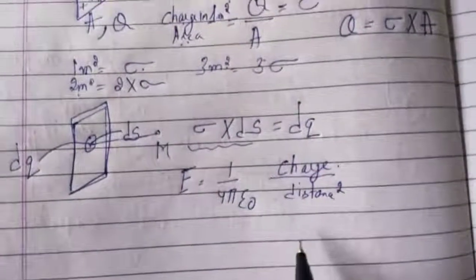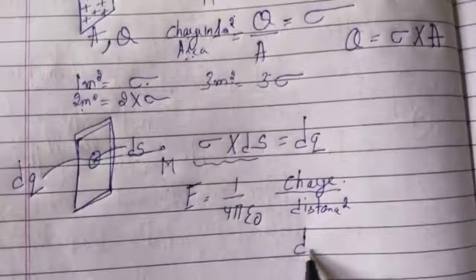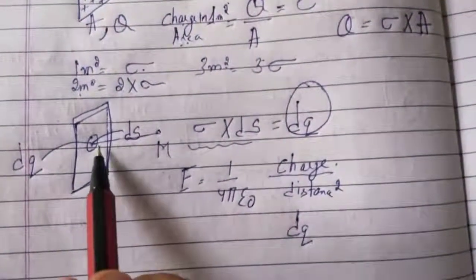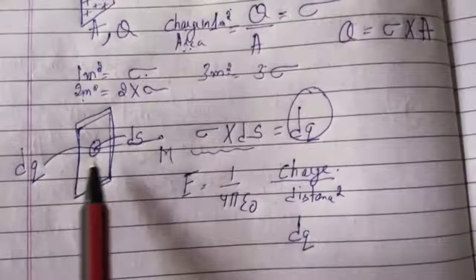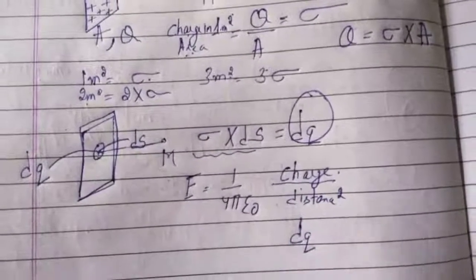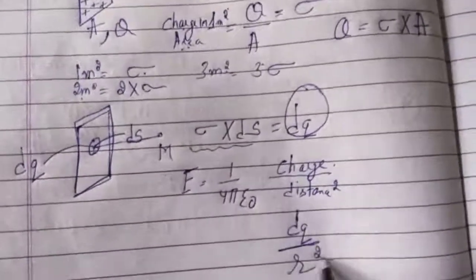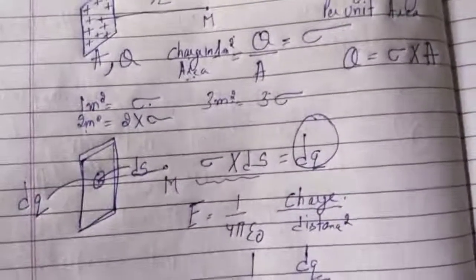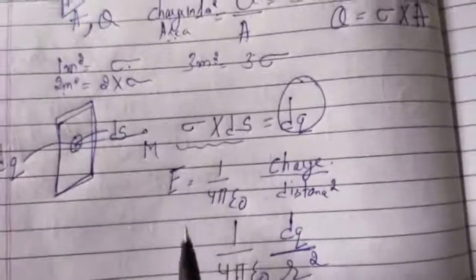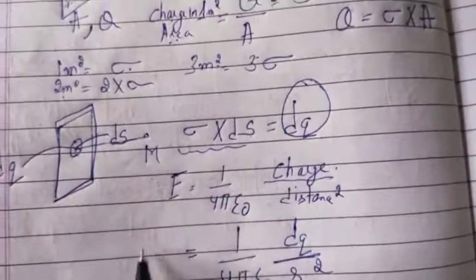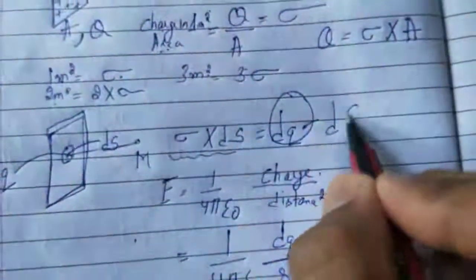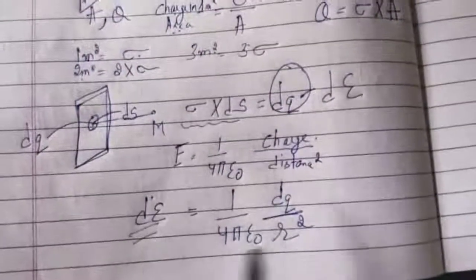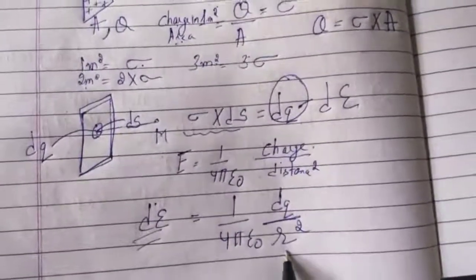So if you take a small charge dq held by this small surface, at distance r, you get 1 upon 4 pi epsilon naught dq upon r square. Are you going to get E? No, you are going to get a small electric field dE due to this small charge dq. So this is the electric field due to a point charge dq at distance r.